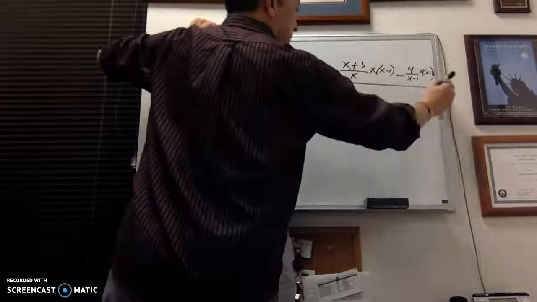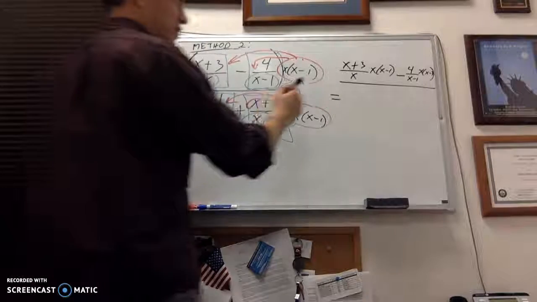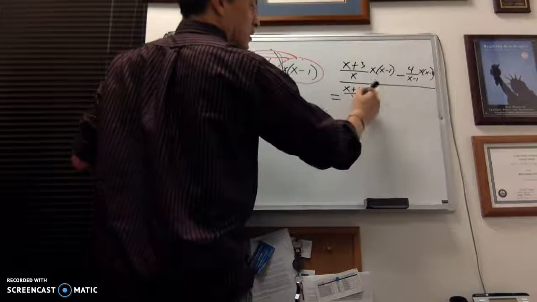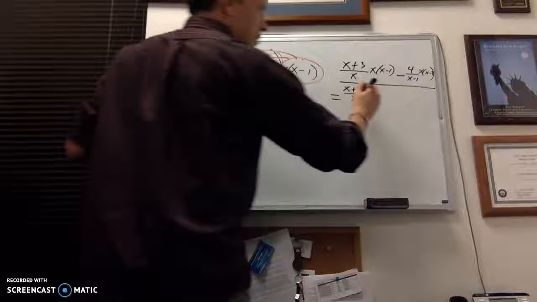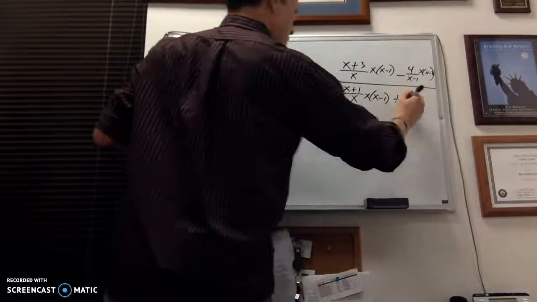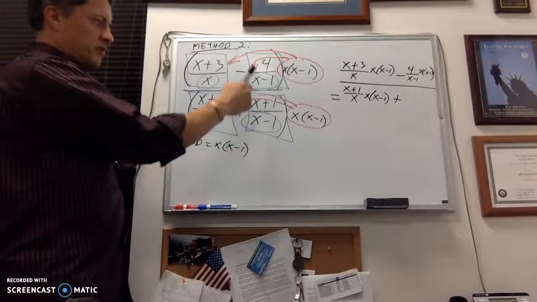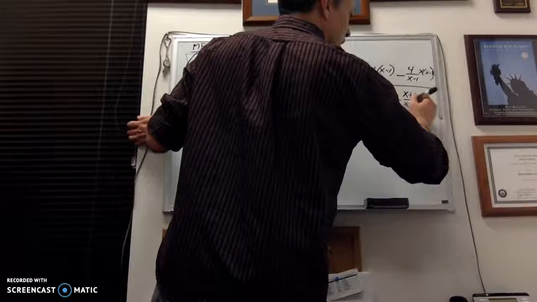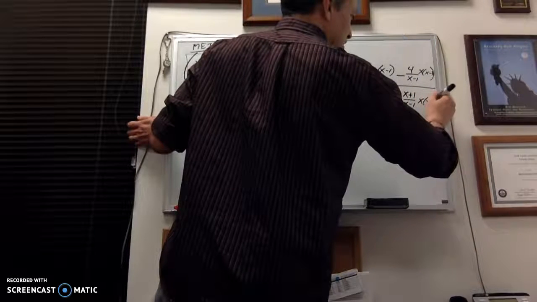I don't have much room. Down here I've got x plus 1 over x times the x times x minus 1 there, plus x plus 1 over x minus 1, and that times the x minus 1.